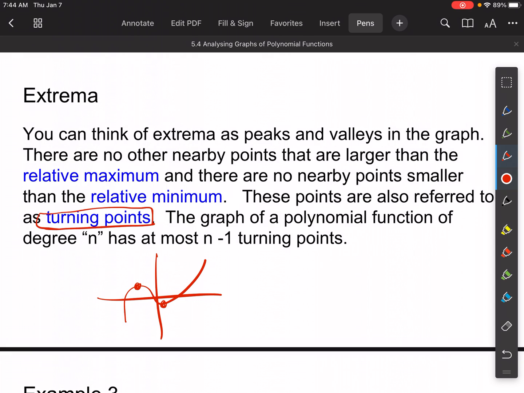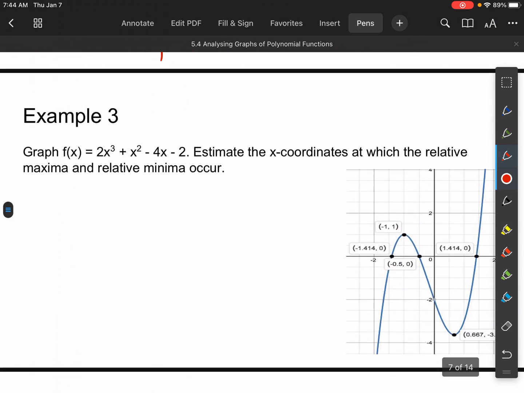If I have a power function of, say, 5x to the 4th, this thing will at most have 3 turning points. That has to do with the fact that at most it will have 4 zeros, so it can only turn 3 times. No matter what the degree of the power function is, if you subtract 1, that's how many turning points it has. All right, so let's look at an example here.